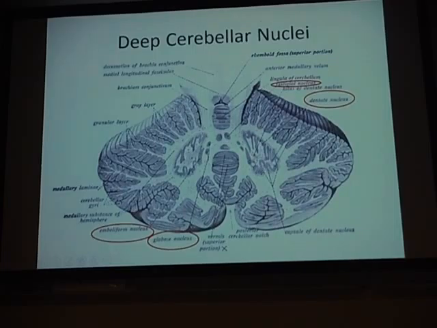Just medial to the dentate is the emboliform nucleus. So it's here and it's here. Again, you'll have some pictures in lab today too. Just medial to that are the globose nuclei, and they're usually a paired structure. Again, just medial to the emboliform nucleus. The emboliform and the globose nuclei together are called the interposed nuclei.